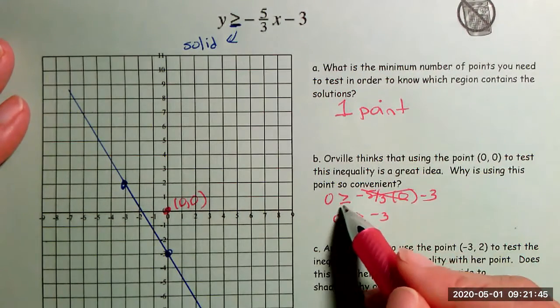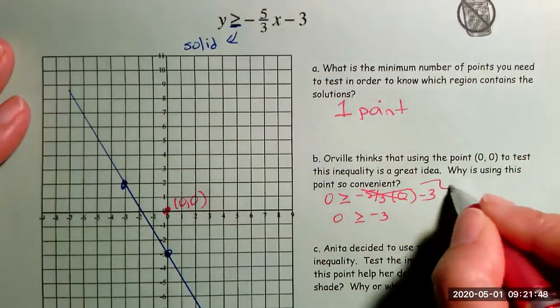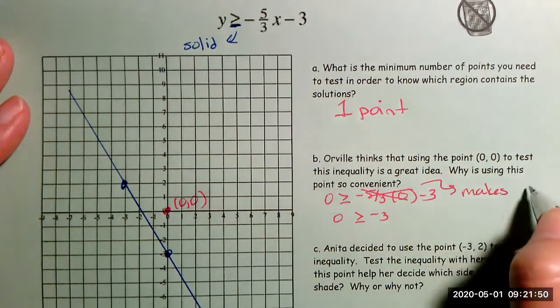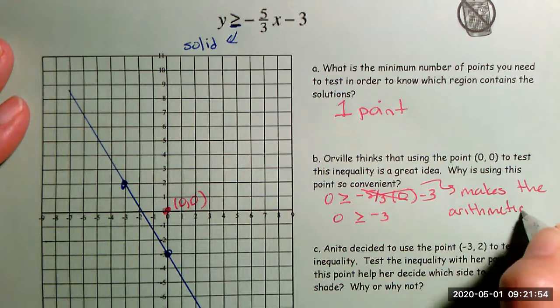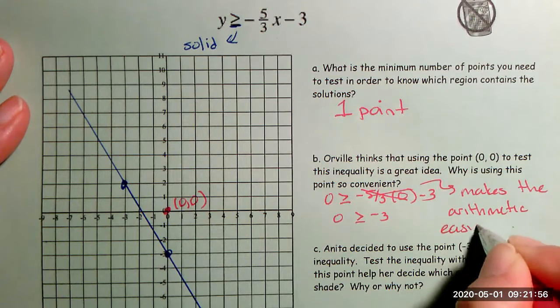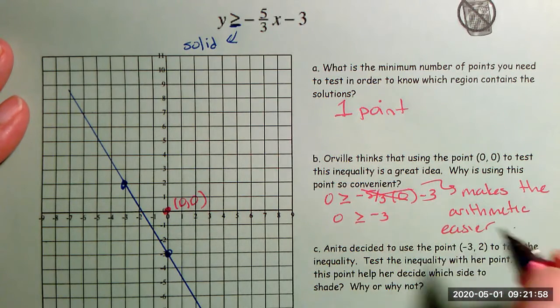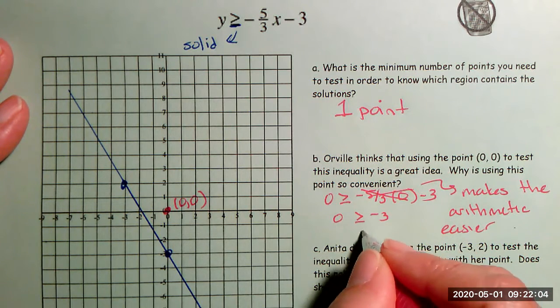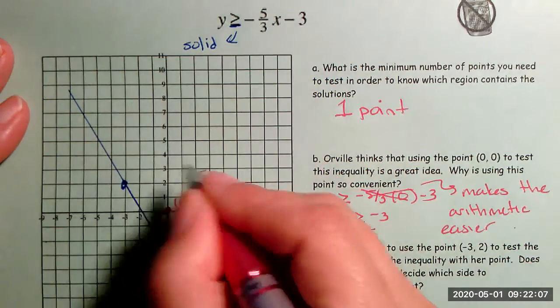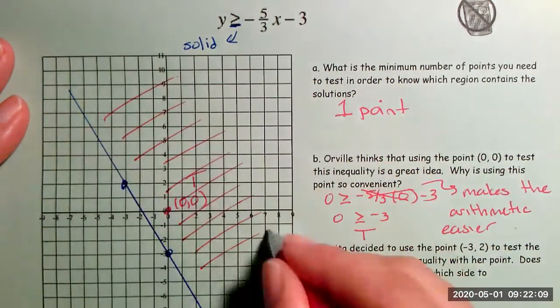So why is this point so convenient? It makes the arithmetic easier because I don't have to multiply stuff out. When I multiply by 0, stuff just disappears. So is 0 greater than or equal to negative 3? Yes, it is. So this is true, so this is the side that I shade.